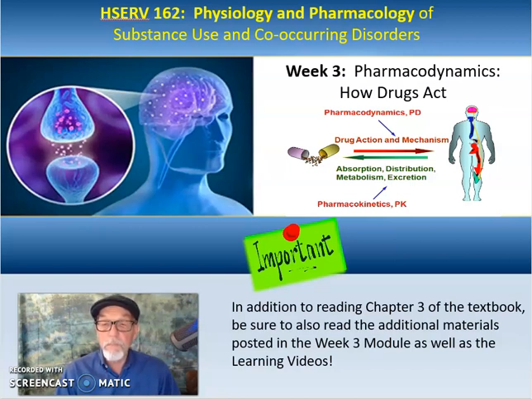Highlight the most important point you think on each page and put the book away again. Come back, and if you're as obsessive as I was as a student, I would outline the chapter for studying, but you don't have to do that. And then be sure you look at the study questions at the end of the chapter and see if you can come up with the right answer by going through the book.